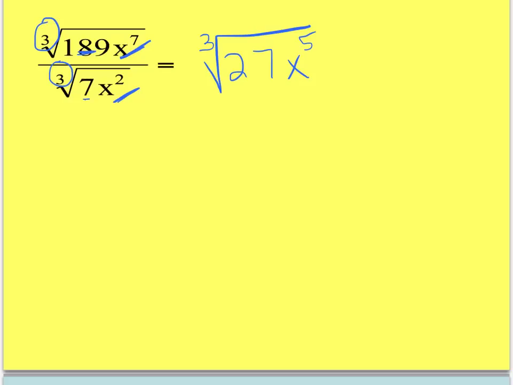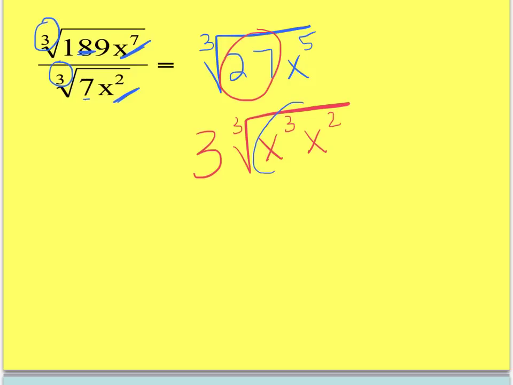Now, I do want to simplify that if possible, and it turns out I can take the cube root of 27. That's just a 3. And then I can rewrite that x to the 5th as x cubed times x squared. Well, think about why I would want to do that. If I do that, then I'm fixing this piece so I can pull it out because it's divisible by that 3.